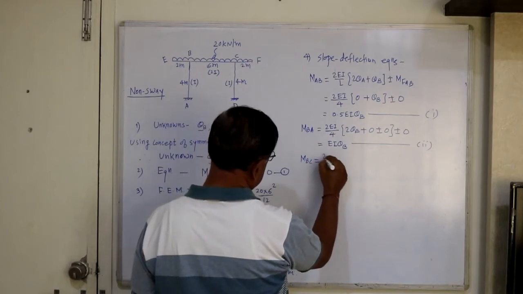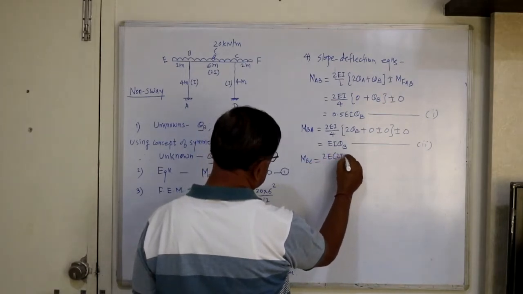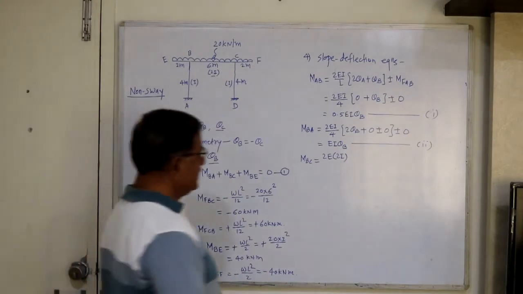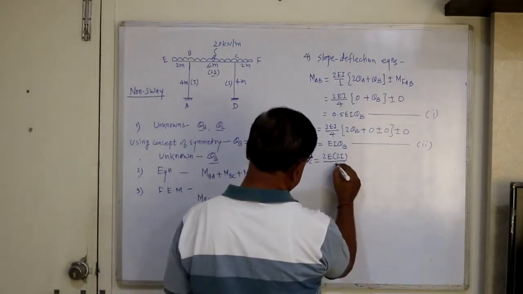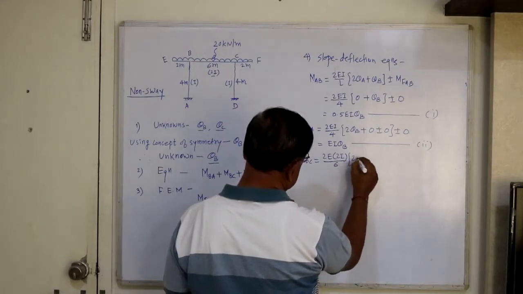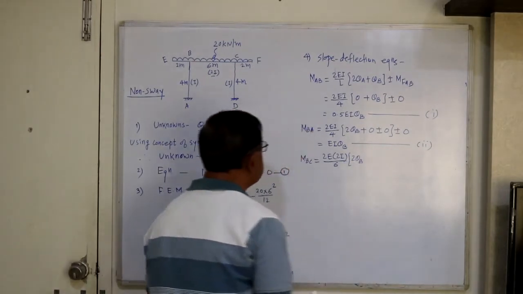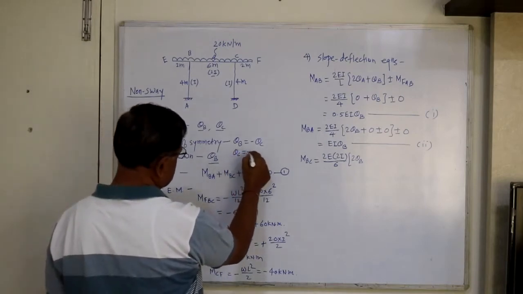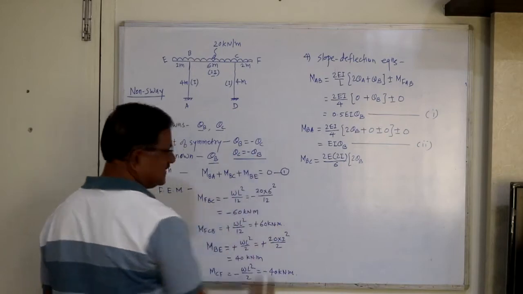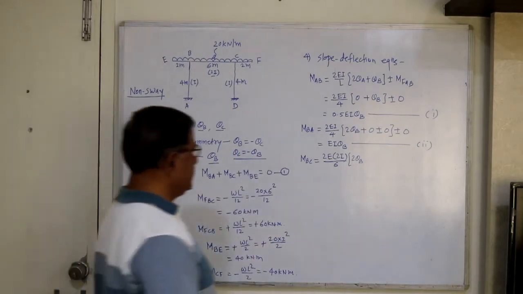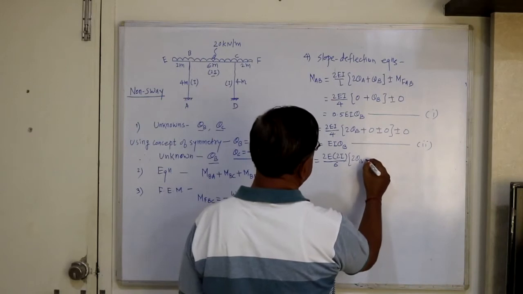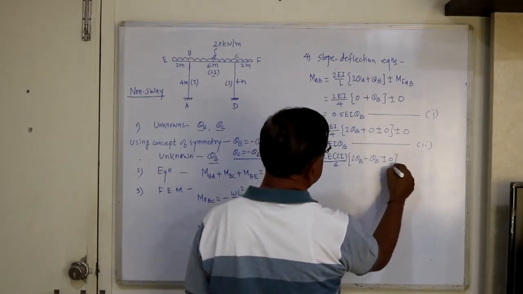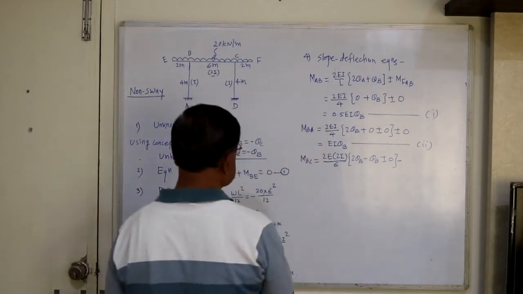So this is equal to 2E, value of I is 2I. So value of I, let's substitute 2I. I am directly substituting the values. Divided by L is 6, 2 theta B. Now what is theta C? Theta C will be equal to minus theta B, then this is plus minus 0, and this is minus 60.